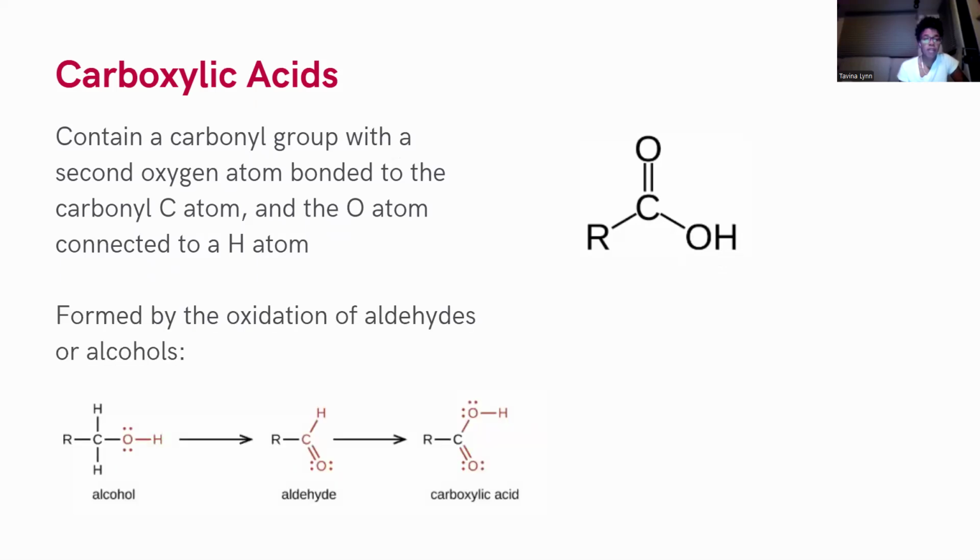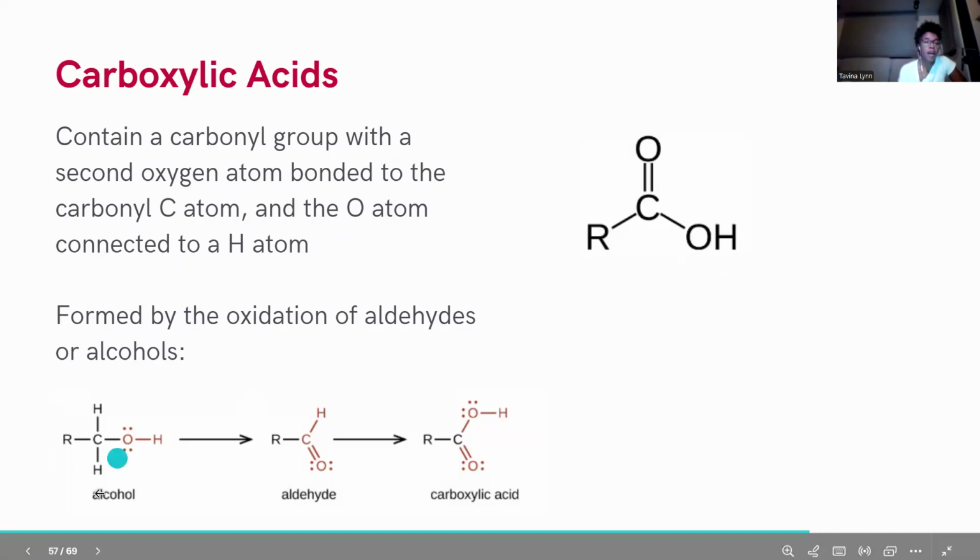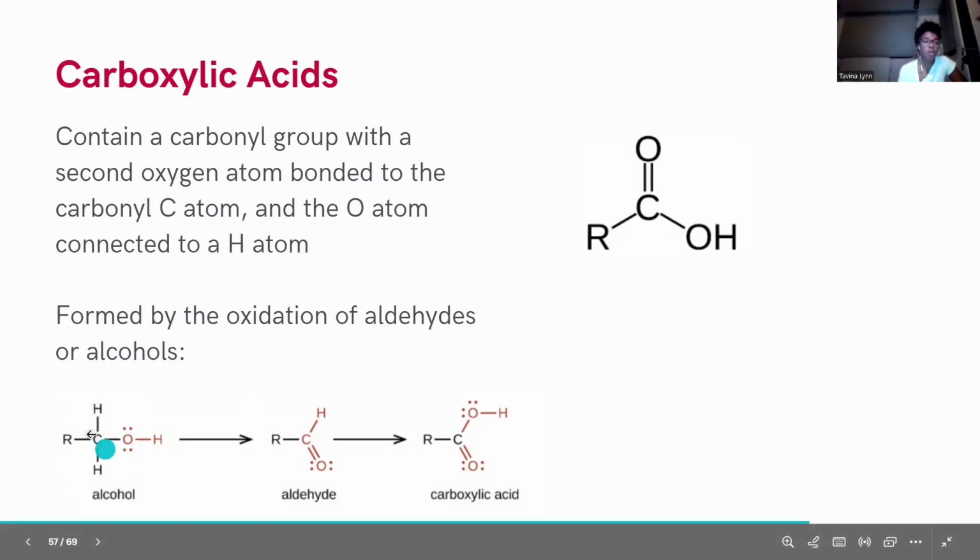The carboxylic acids are formed by the oxidation of aldehydes or alcohols. So here's an example. We have an alcohol, it's oxidized to an aldehyde first, right?